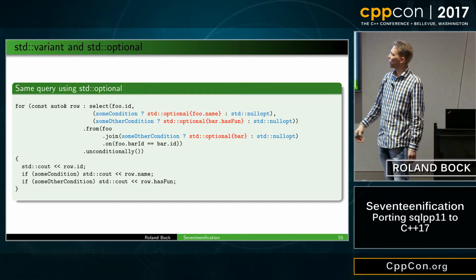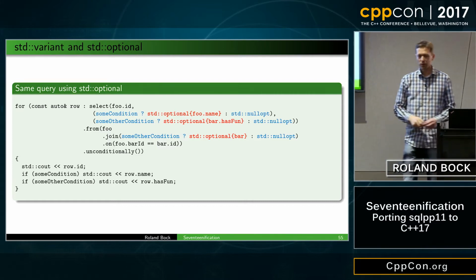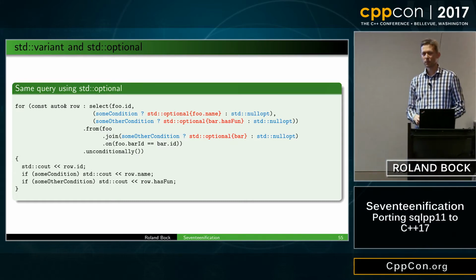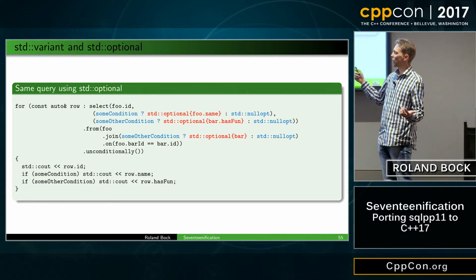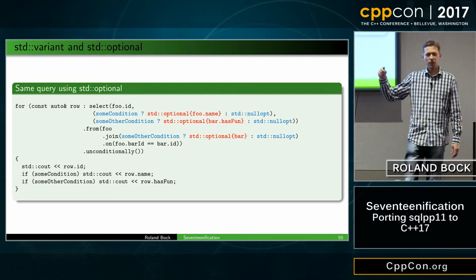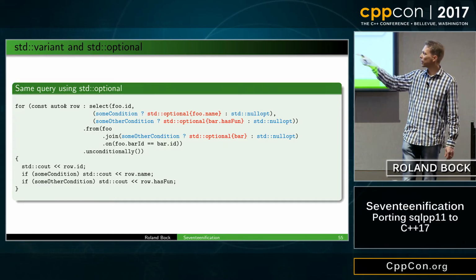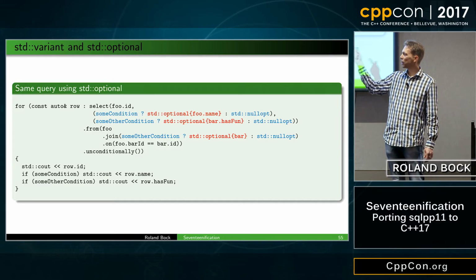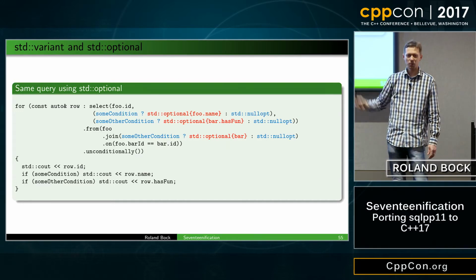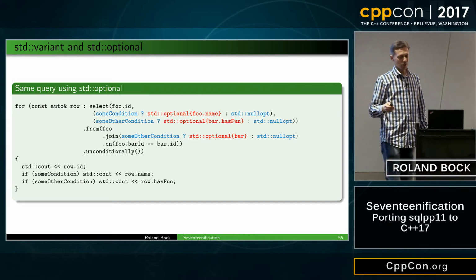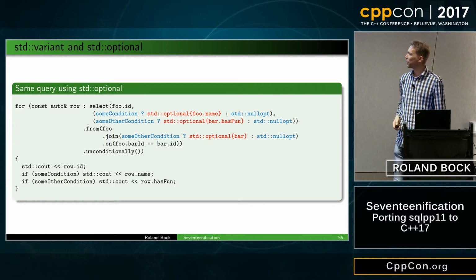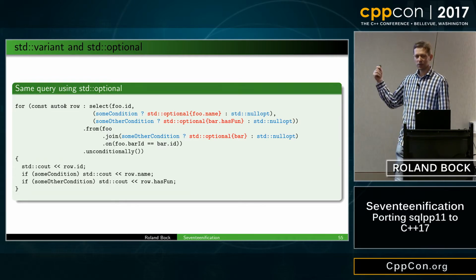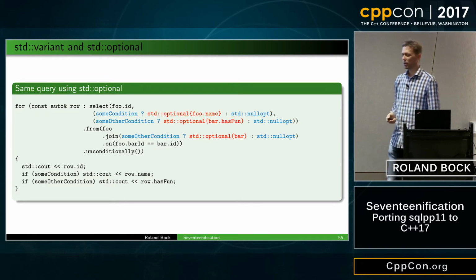And as you can see, the good news now is I have members in my result struct that have the appropriate names. The only thing I have to do in the result is check the condition, and then there is pretty much a guarantee that this thing will have some value, unless the column itself is null, then this might still be an empty optional.